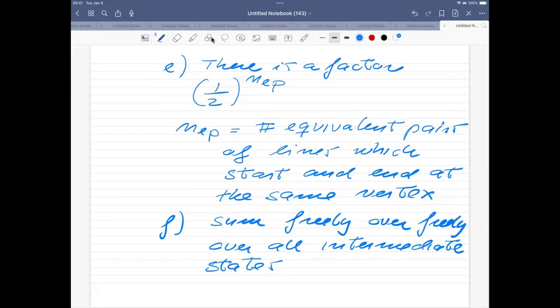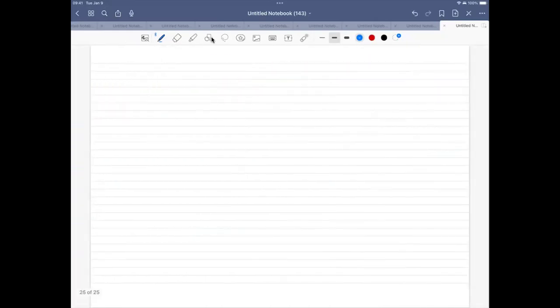So let's look at a specific contribution now. And let's be a little bit more ambitious and look at a diagram to third order perturbation theory. So let's look at examples of these rules, and then we're coming back to them, and we're going to look at how we can derive the rule for the phase factor, the number of hole lines, and the number of loops, and also how we can get this factor of 1/2 for each equivalent pair.